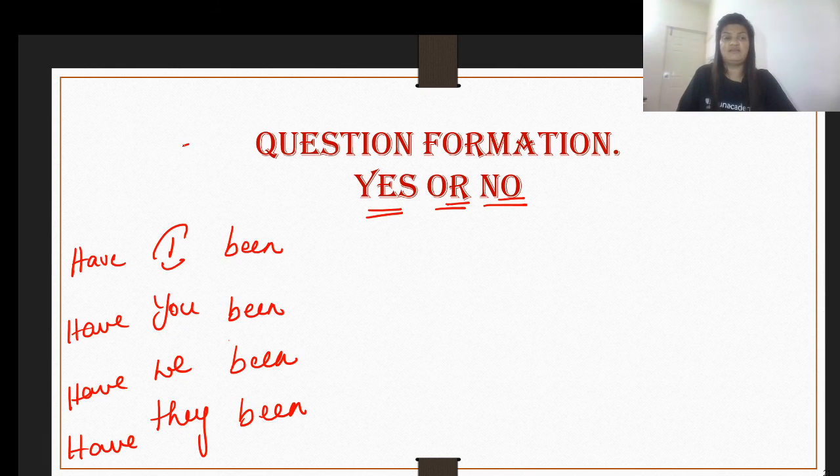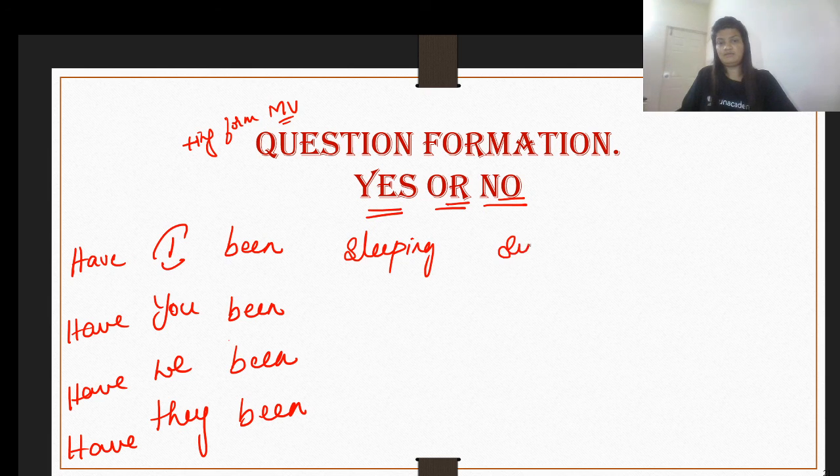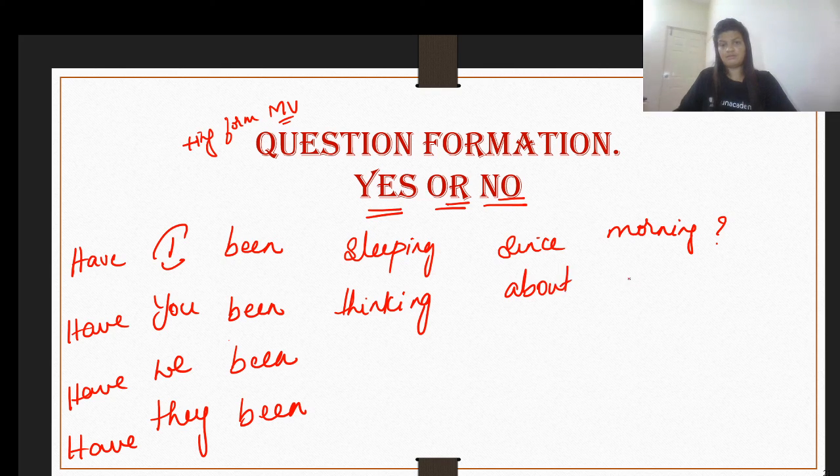Then you bring in the ing form of the main verb, which is, have I been sleeping since morning? Questioning, right? Do not forget to put the question mark. Have I been sleeping since morning? Then for have you been, let us say, have you been thinking about it still?